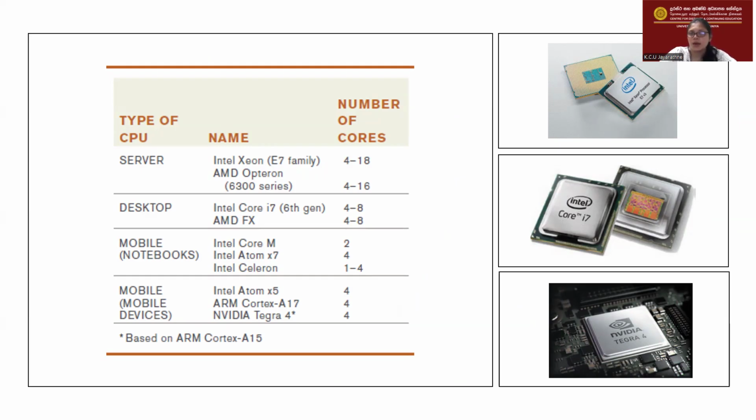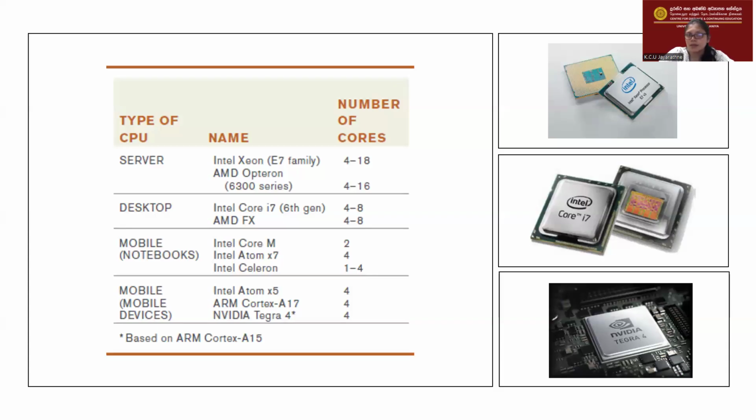As you can see, when the devices get smaller, the cores get reduced, right? In the desktop there are only 4 to 8 cores, but on mobile the cores are only 2 to 4, because the size is getting smaller. So the cores are also reduced as the size of the CPU gets smaller.